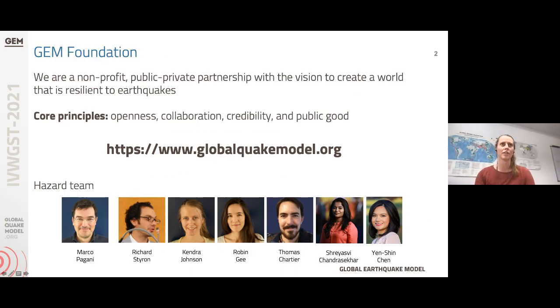So as you've heard, the GEM Foundation is a nonprofit public-private partnership, and we're working with the goal of creating a world that is resilient to earthquakes. Our core values, listed here, we aim to accomplish by developing and providing open source software and models for hazard and risk calculations, in particular pertaining to earthquakes.